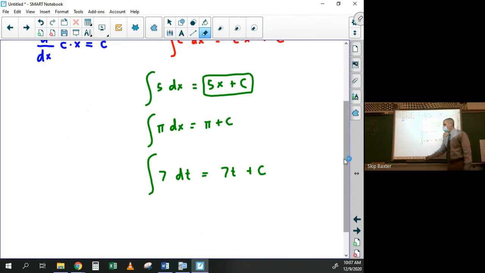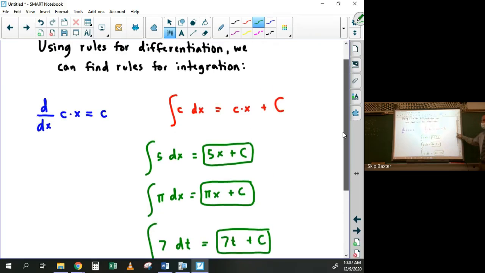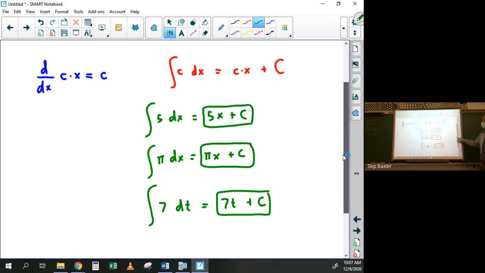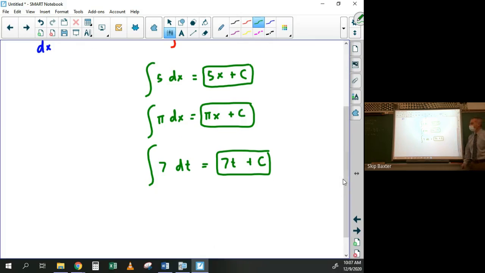Yeah, I messed up. Thanks. Okay, so that's the first integration rule. The integral of a constant is the constant times x. It makes super sense, doesn't it?